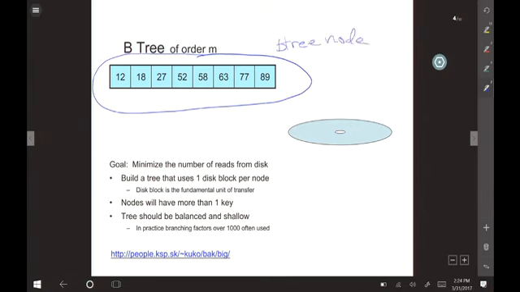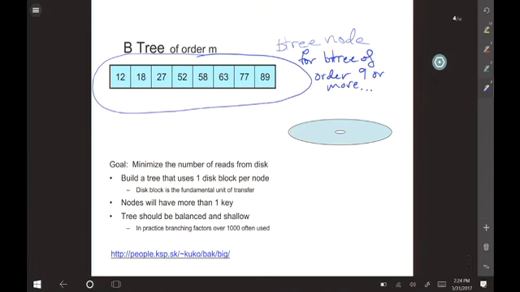And this particular one is a BTree node for a BTree of order 9 or more. Okay, that's part of a story to be continued. We'll talk about that more in a minute.